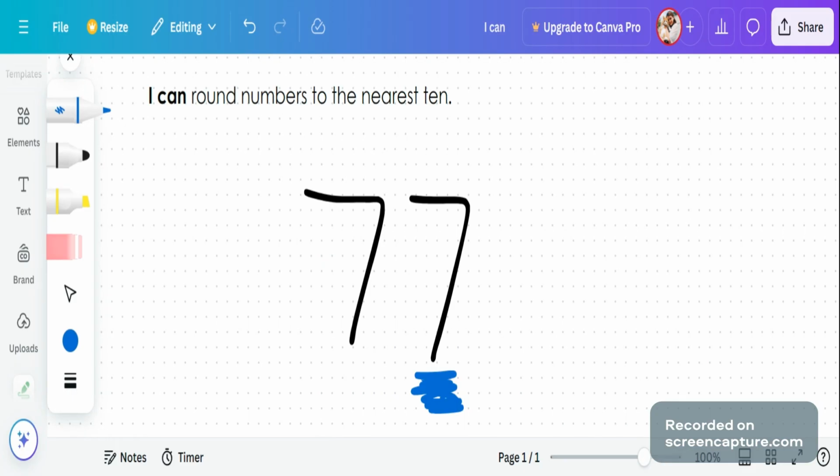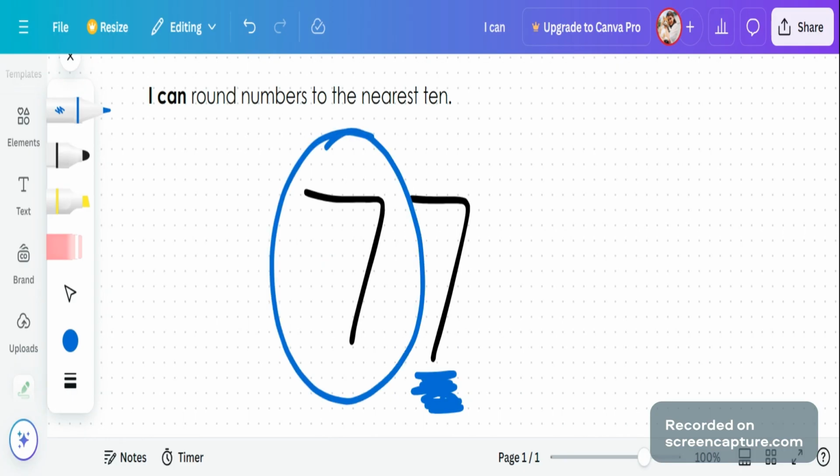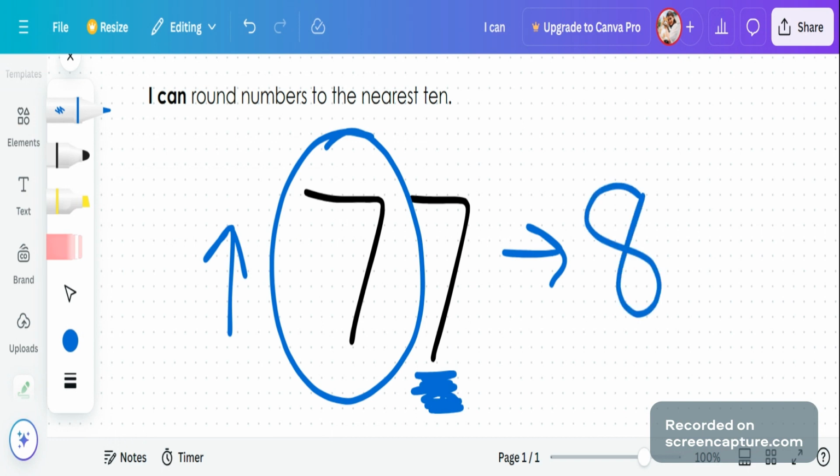So, we need to raise the score, which means that the number in the tens place is going to go up by 1. So, that number 7 that's in our tens place is going to go up by 1 number. We're going to add 1 number to that number 7, which turns it into a number 8.